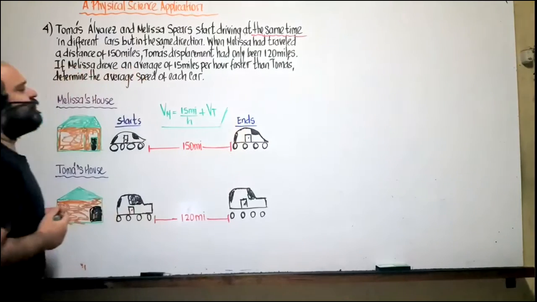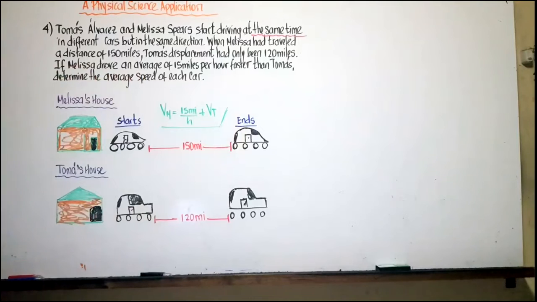This is the information we got about Melissa. So the question is, we have to determine the average speed of each car: the average speed of Melissa and the average speed or velocity of Thomas.